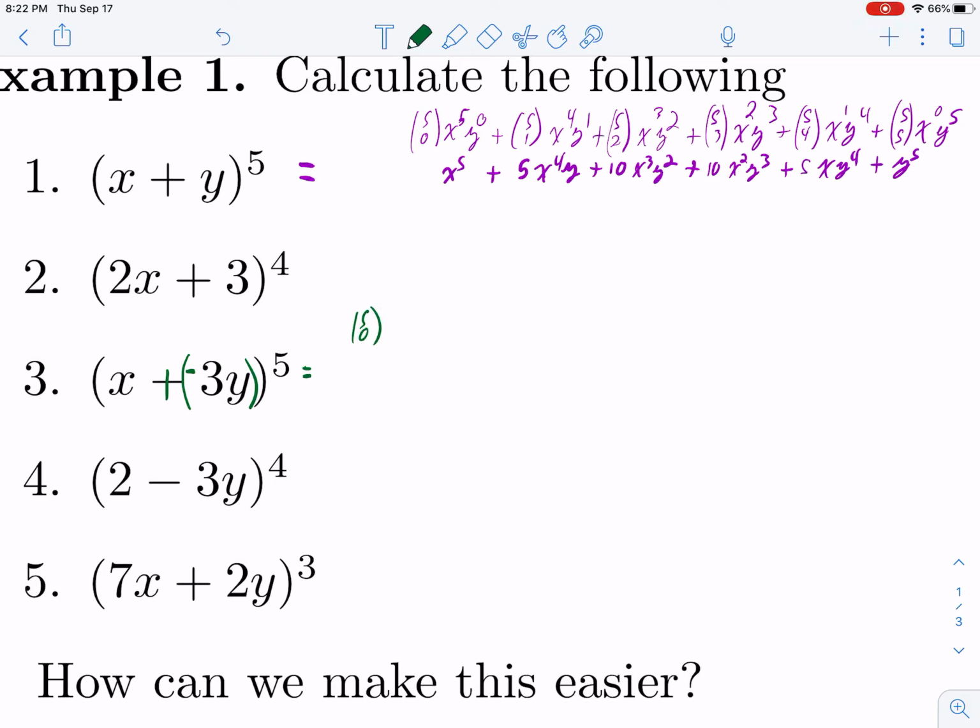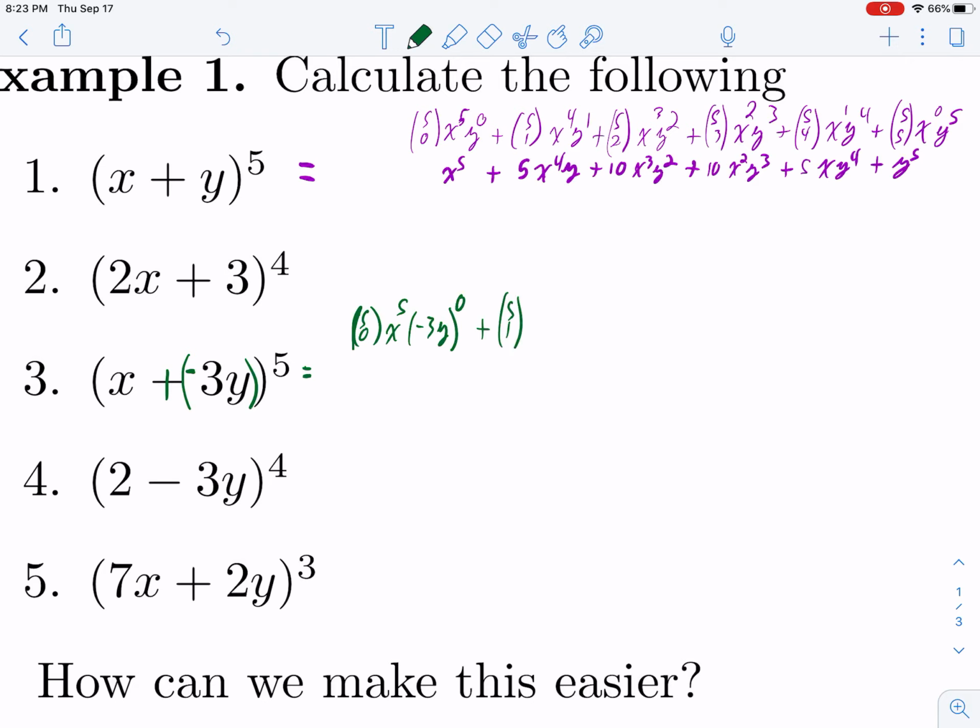5 choose 0, x to the fifth, minus 3y to 0, right? So now that whole thing becomes the y for the new problem.